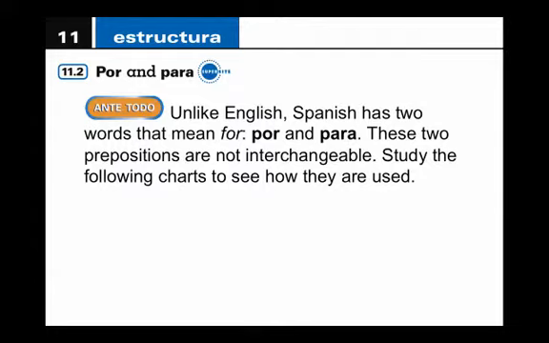Okay, so let's go ahead and study the following charts to see how they are used. So what I'm going to do in this video is, I think this is a great slideshow. However, I'm not going to read everything word for word. I think that actually could be distracting. So I'm going to bring up each slide, explain the main parts of it, and I'll try to leave it up for a few extra seconds.